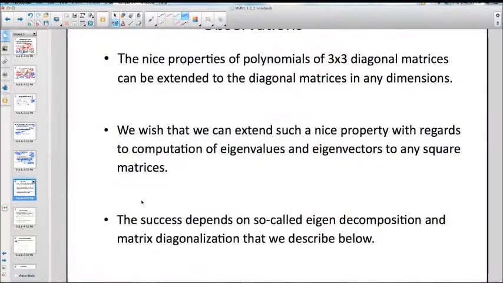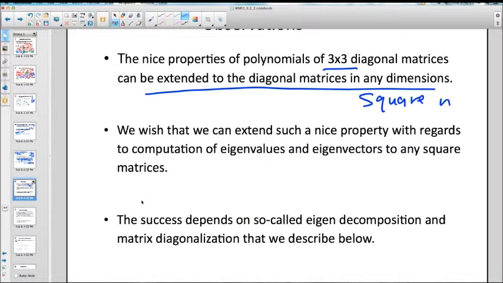So the observation is you only need to calculate the elements in the diagonal. Anywhere else is 0. So it is not limited to 3 by 3. You can extend to any matrix as long as it's a square. That means n by n.